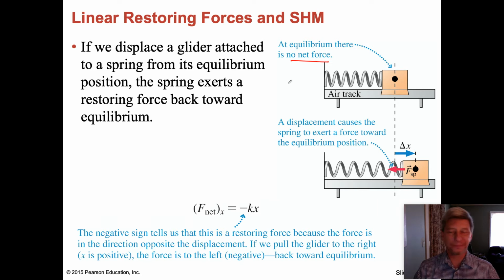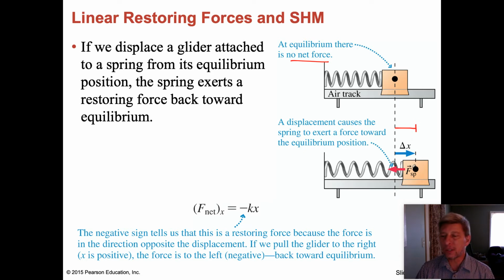Then we apply some kind of force so that it moves from the equilibrium point out to this point here. At that point, the spring is now going to be exerting a force back on the block to restore equilibrium, to bring it back to that equilibrium point.